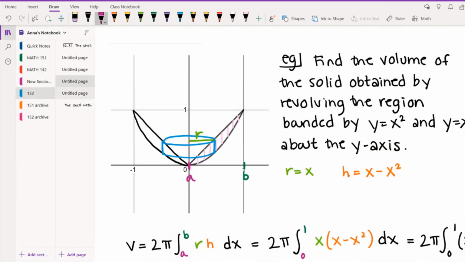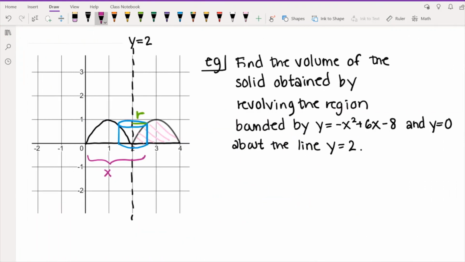But in this case, because we're not revolving around the y-axis anymore, it doesn't make sense to say that the radius is x. So x is this whole purple thing. How would we find this green distance? We need to do some subtraction. If this purple distance is x, what would we need to subtract in order to figure out what this green distance is? We would need to just subtract 2.